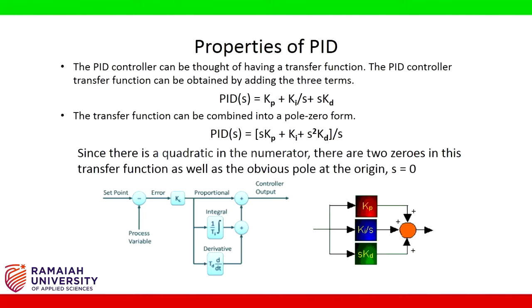The transfer function can be combined into a pole-zero form. PID(s) is equal to (s times K_p plus K_i plus s squared times K_d) divided by s. Since there is a quadratic in the numerator, there are two zeros in this transfer function, as well as the obvious pole at the origin, s equal to 0.